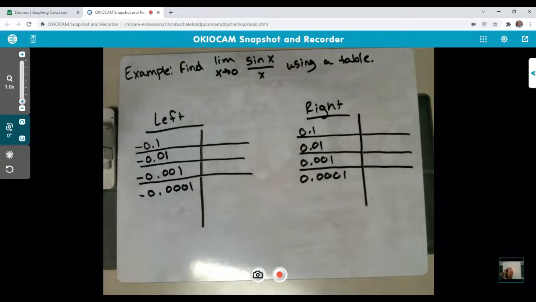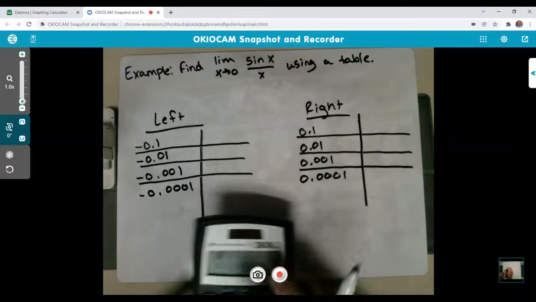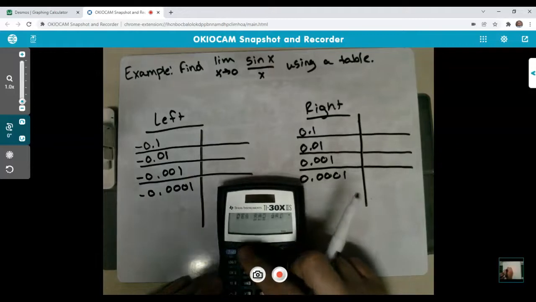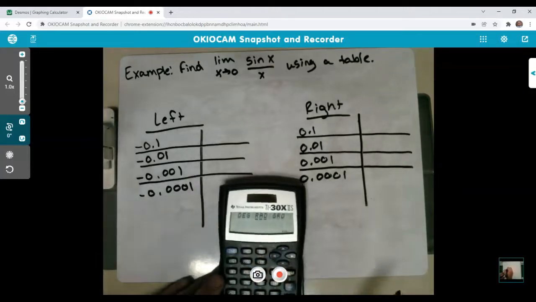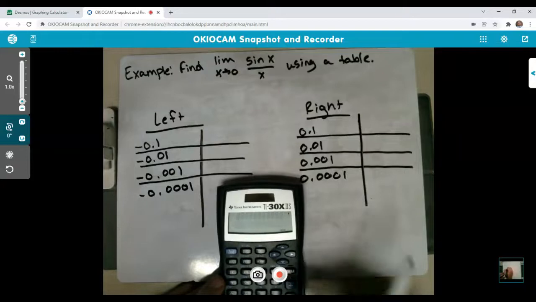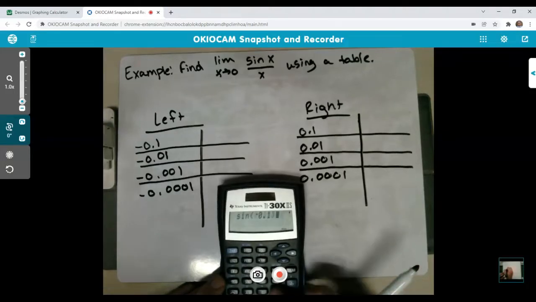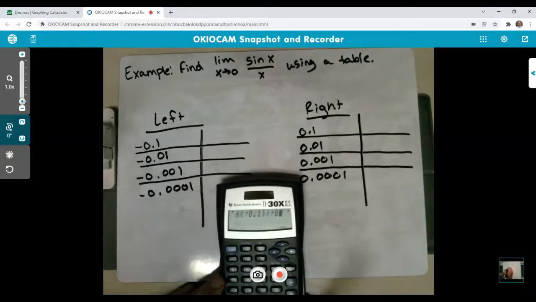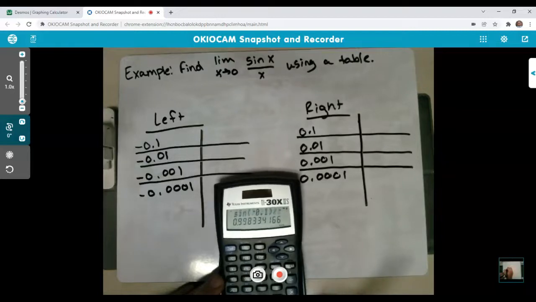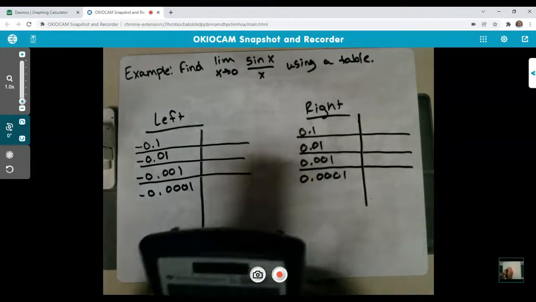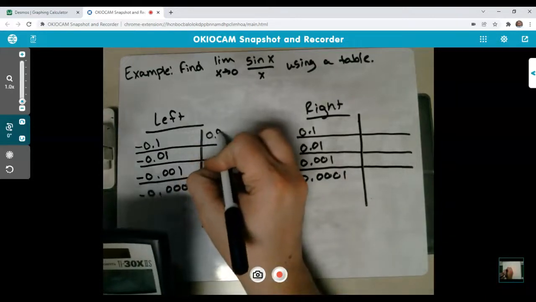So let's first plug in negative 0.1 into this guy. So, using my calculator here, let me make sure I'm in radians, because that's what we always use in calculus. So radians, we're good there. So I'm doing sine of negative 0.1 divided by negative 0.1. And I get 0.998, that's enough. I'll just put 0.998.